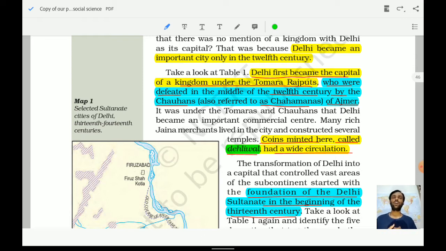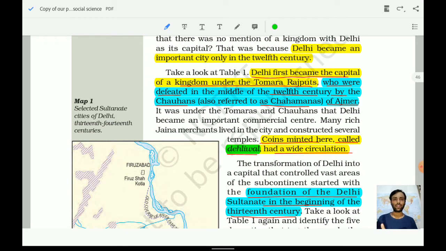Earlier we have seen that Chauhans were also called Chahamanas, and how the Tomar dynasty gave the path to the Chauhans, and how the Chauhans in the later phase will give the path to the Turkish dynasties or the Delhi Sultanate, the people who will be coming.